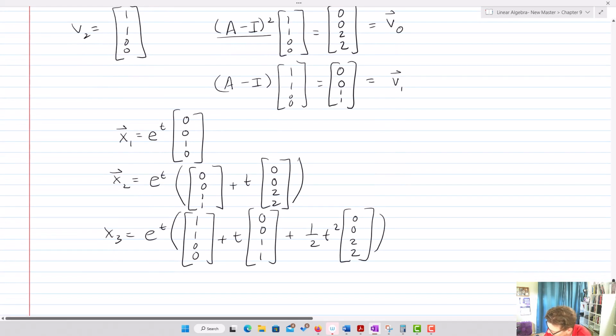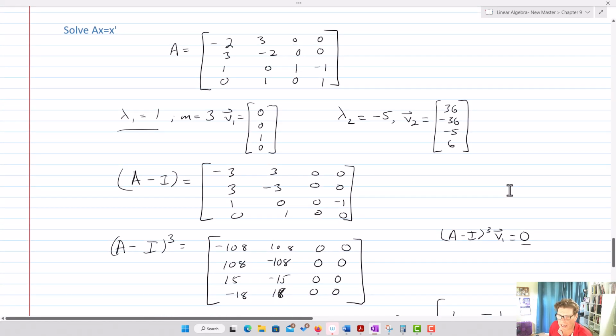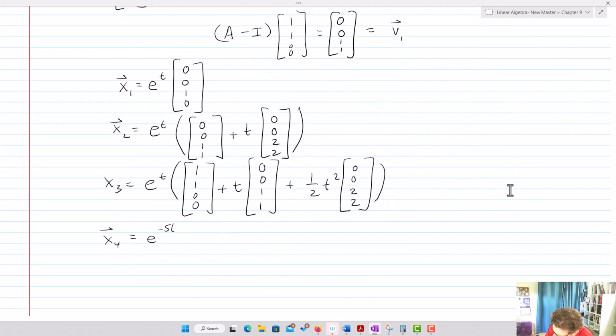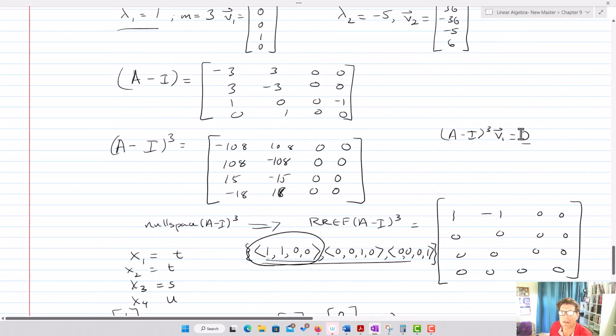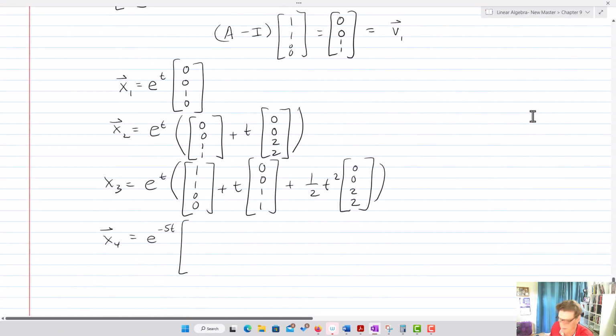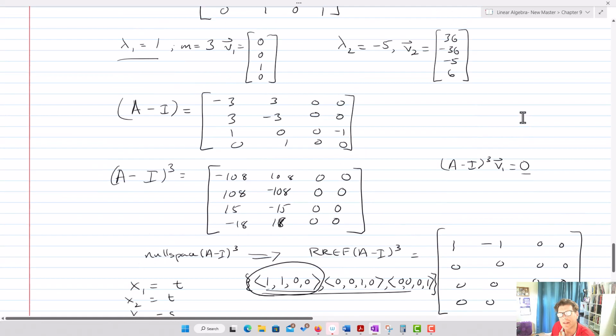And then finally, because we're using a 4x4, a 4-dimensional matrix, we're going to need x4, that's for -5. So that's e to the -5t times 36, -36, -5, 6. Check that. And that's right.